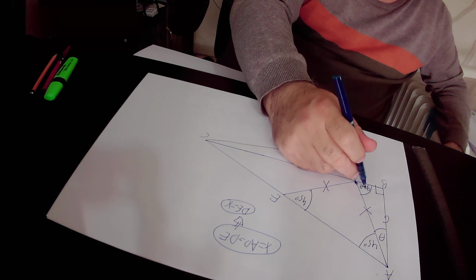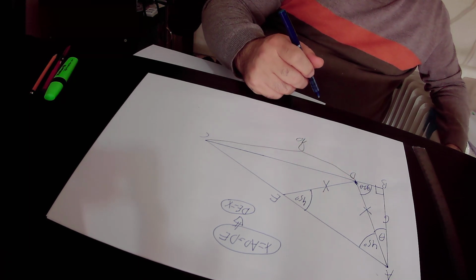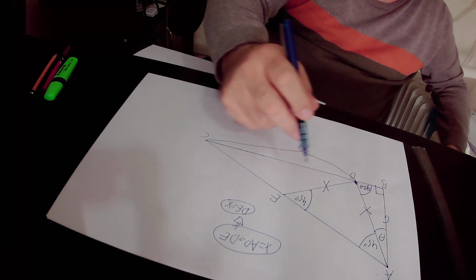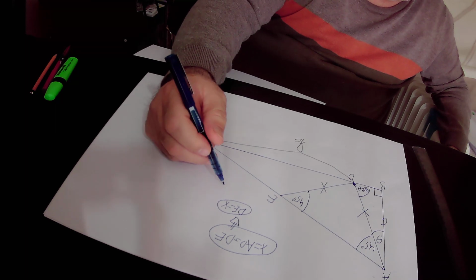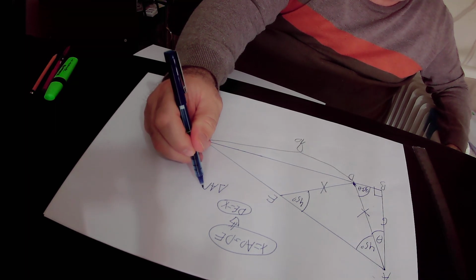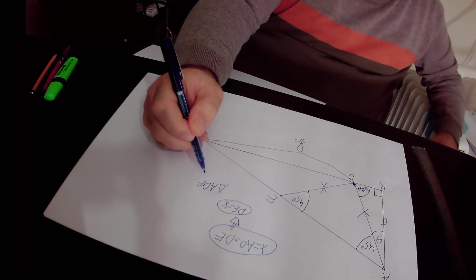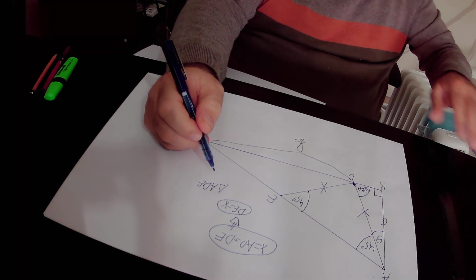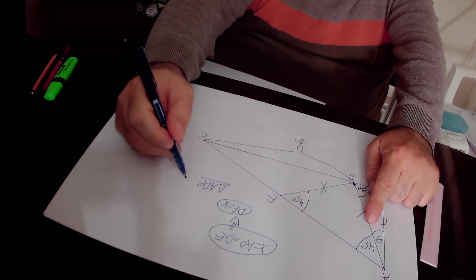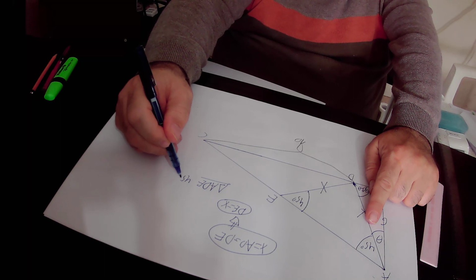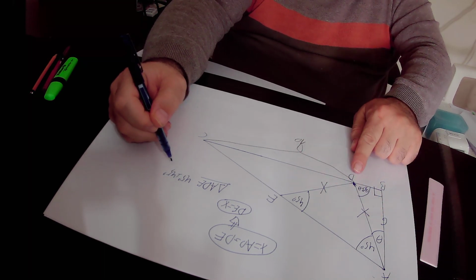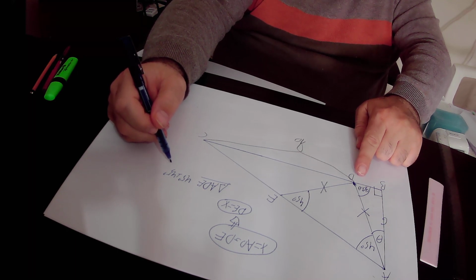We also know that the sum of the angles in triangle ADE must be equal to 180 degrees. Which angles do we have in triangle ADE? We have 45 degrees, we have 45 degrees, and we have angle ADE.